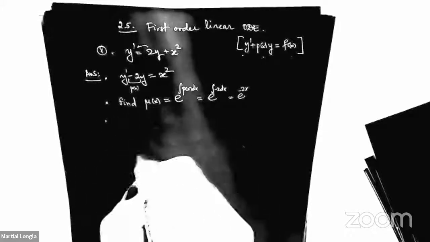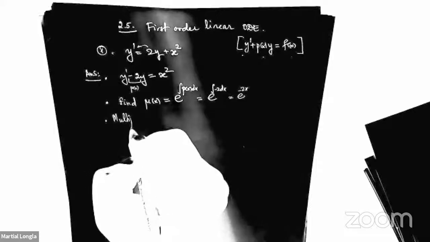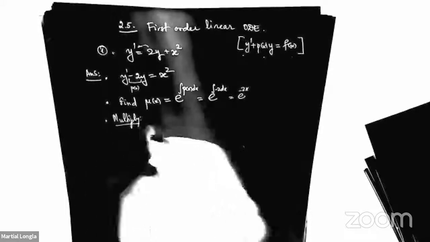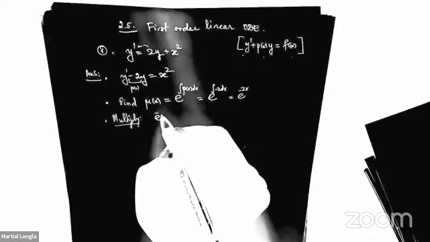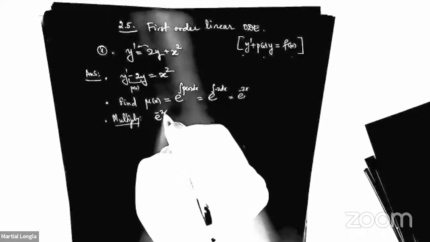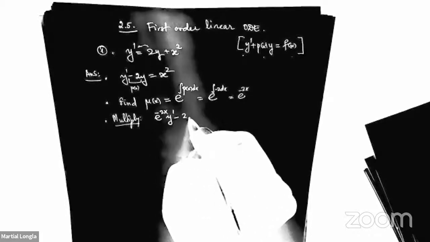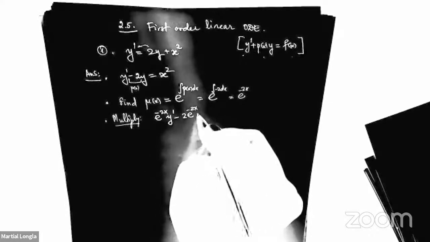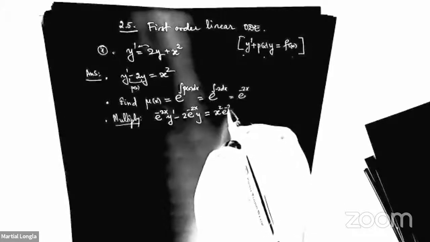Then in the next step, we multiply the equation by that integrating factor. So that's going to be e to the -2x y prime minus 2 e to the -2x y equals x squared e to the -2x.